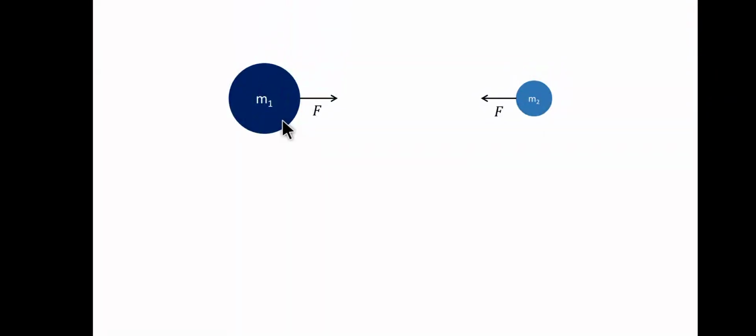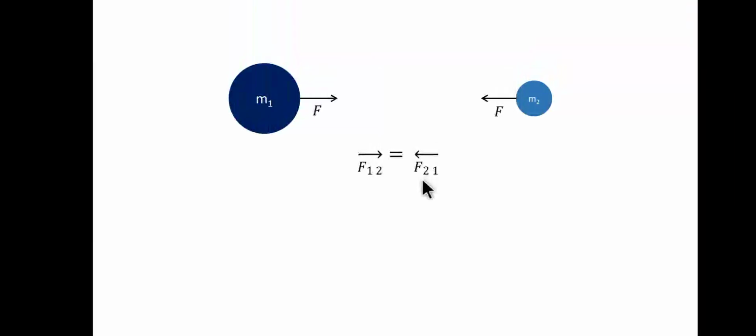So m1 attracts m2 towards itself with the force of F, and m2 attracts m1 in this direction with the force of F. So we can say that F12, that is the force applied on body 1 by body 2, in this direction, is equal in magnitude to the force applied on the second body because of the first body, in this direction, even though their directions are different.